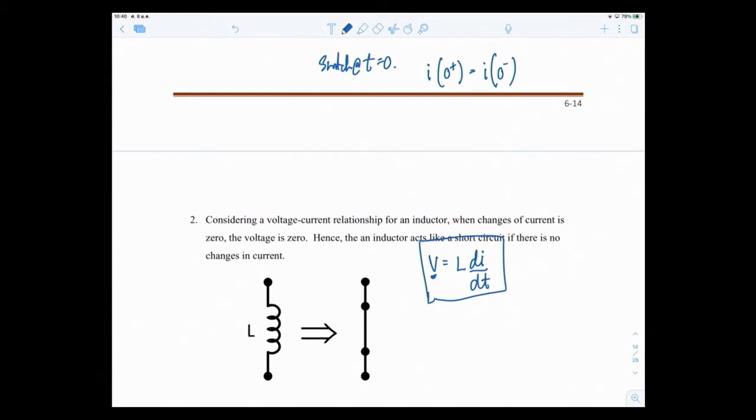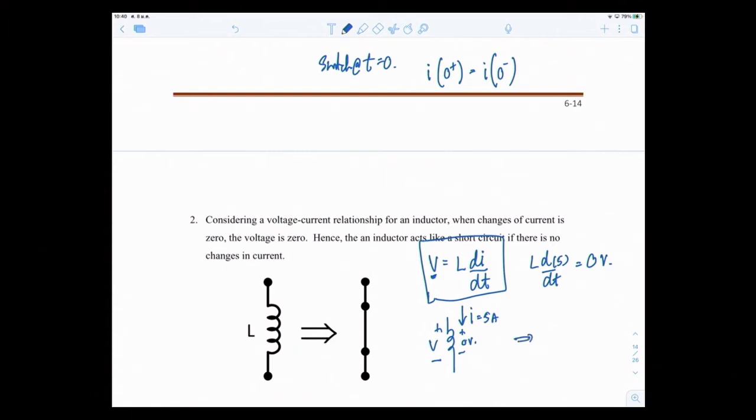So whenever you have a constant current going through an inductor, like 5 amps, if you differentiate 5 with respect to t you get 0. So L d5/dt is equal to 0 volts.